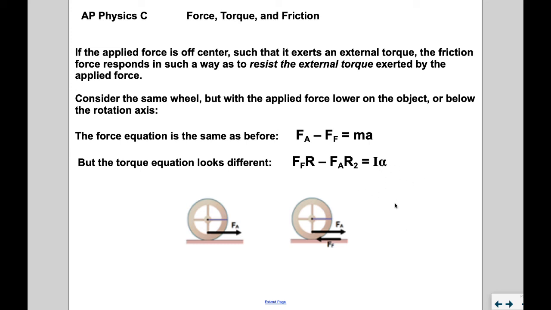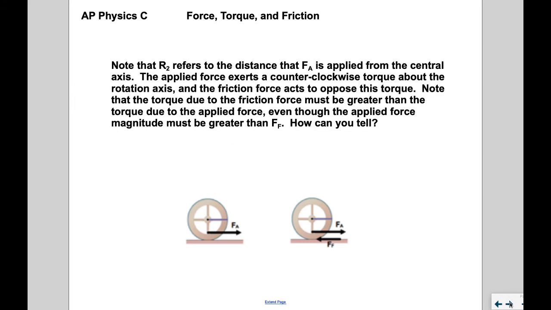We put in the I term, we put in A over R for the alpha term, and then solve the system. Note in this equation that R2 applies to the distance that FA is applied from the central axis. So we have to be careful about where these forces are applied and what R's we use for each one.